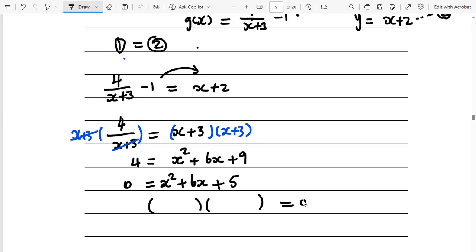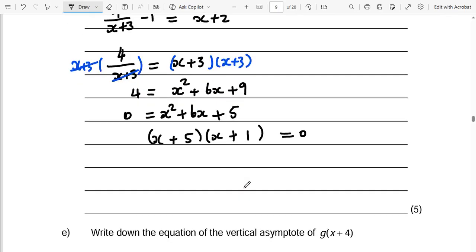We can definitely do that. This will be x on both sides. The factors of 5 that when we add or subtract them give us 6 are 5 and 1. Since it's positive, both of them should be positive. Therefore, what are the values of x? x is minus 5 or x is minus 1.